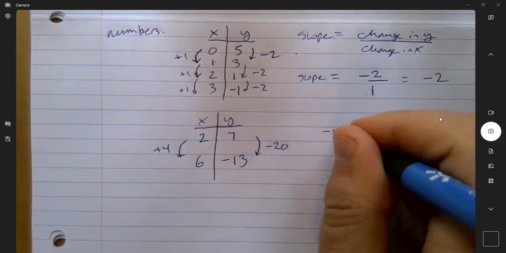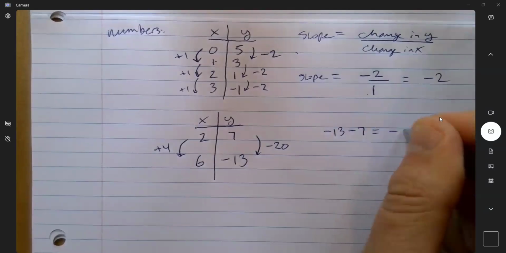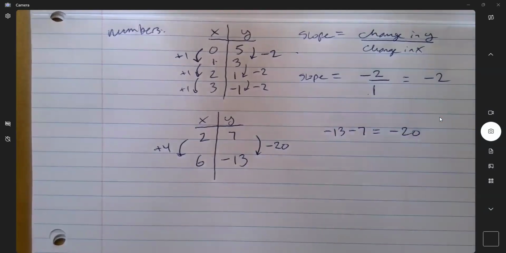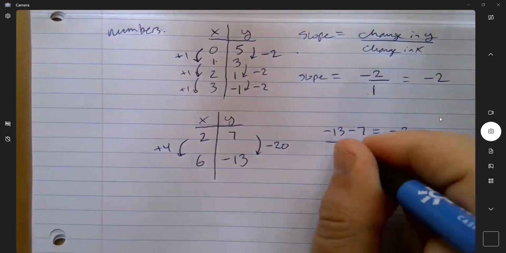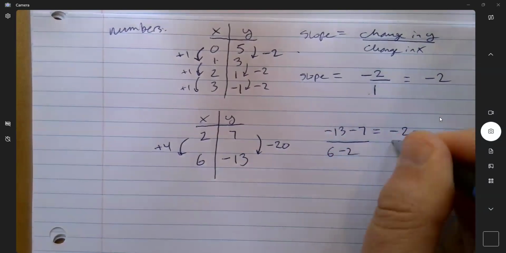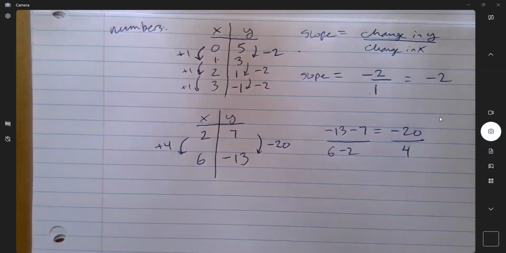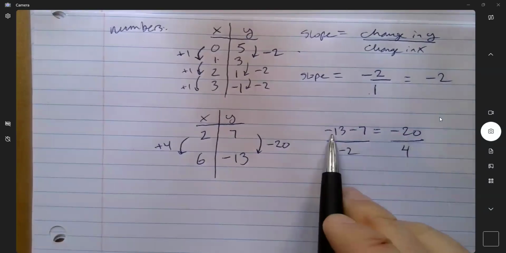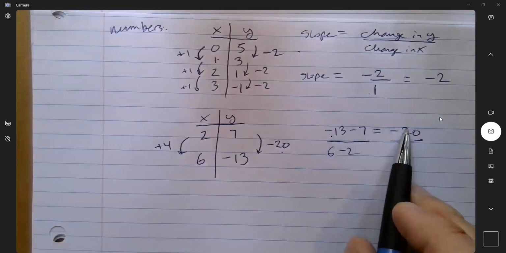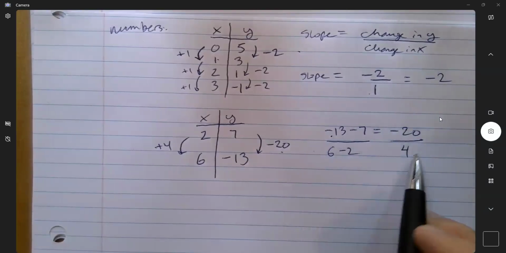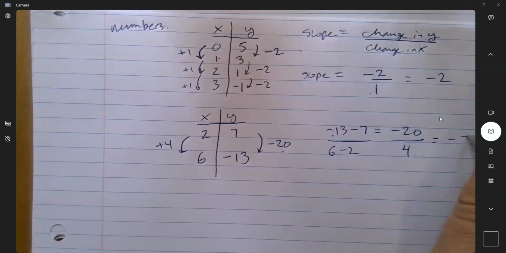Because -13 minus 7 is -20, and 6 minus 2 is 4. So the change in Y, -20, over the change in X, 4, I would write as -5. That's the slope.